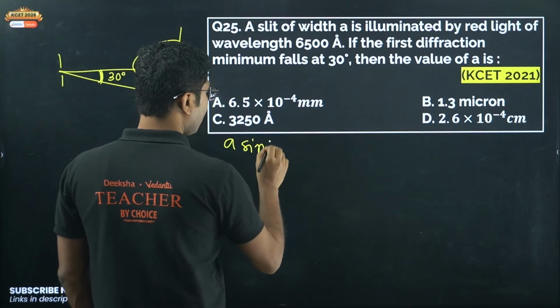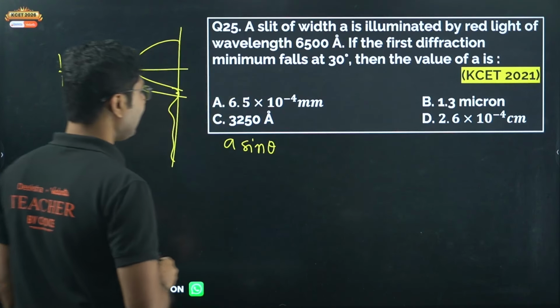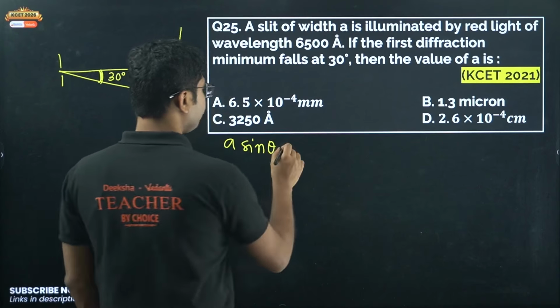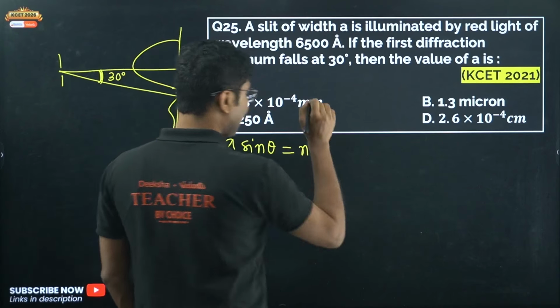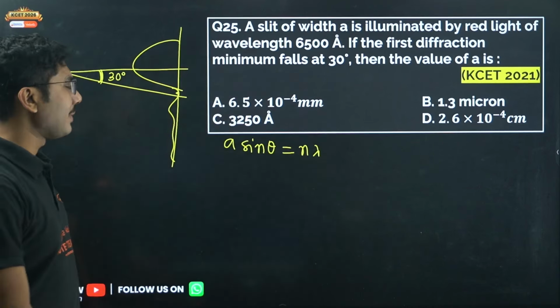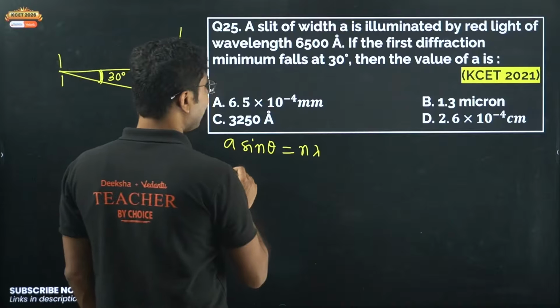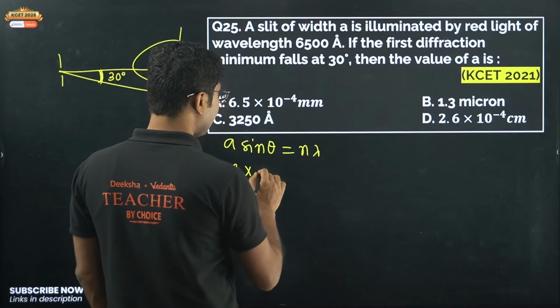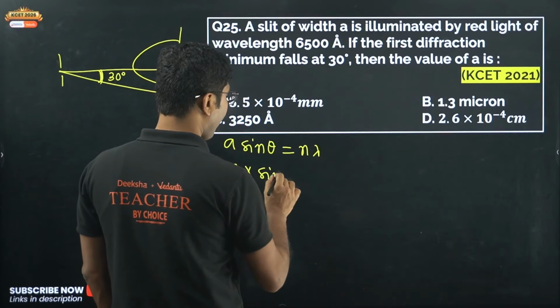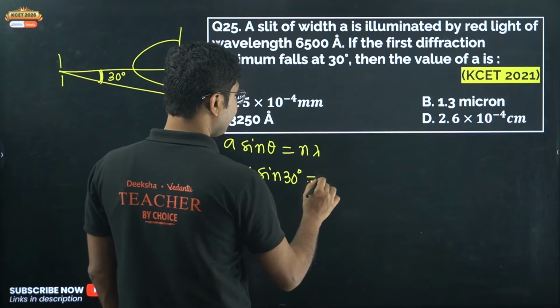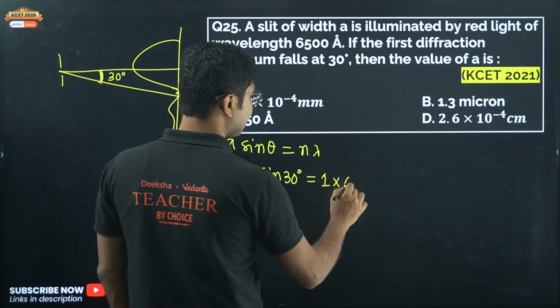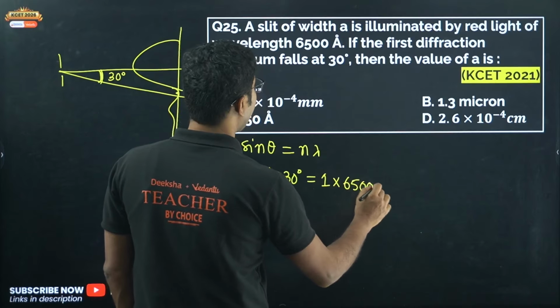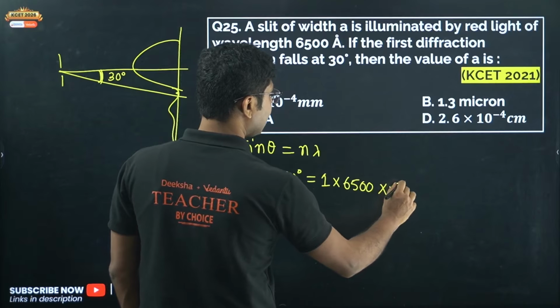a sin theta equals n lambda. So we can write a sin 30 degrees, n is first order, and lambda is 6500 angstrom. Angstrom means 10 to the power of minus 10.